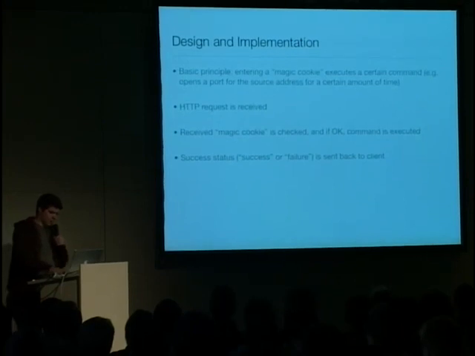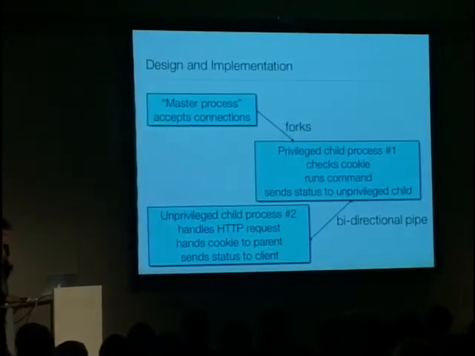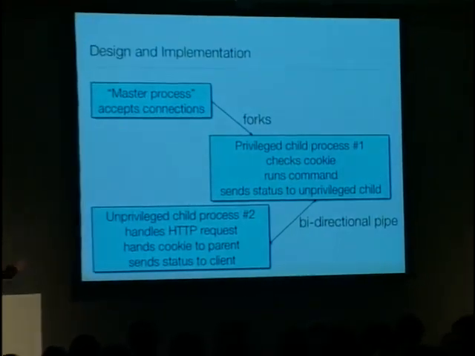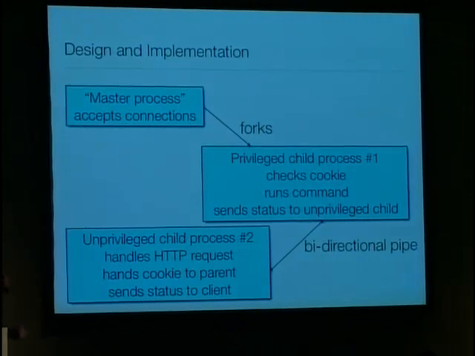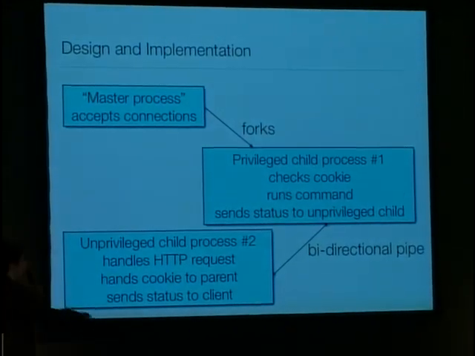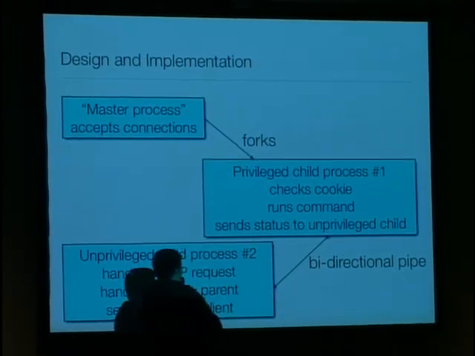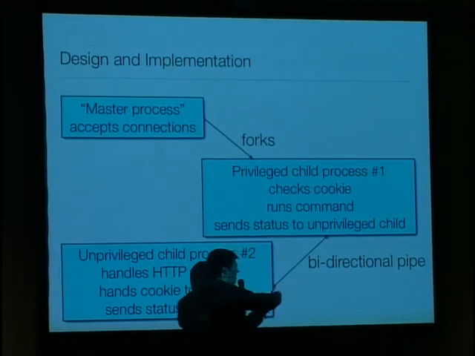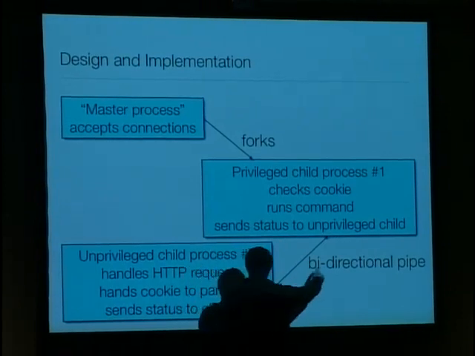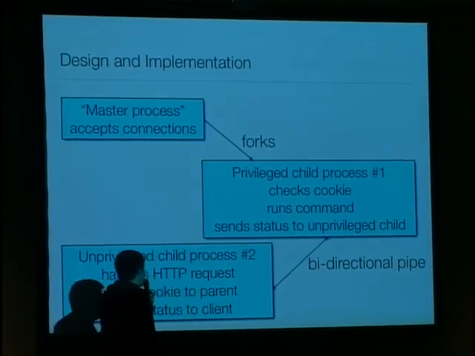So the naive and really simple approach we took was a master process that accepts the connection, it forks. Then you have a child process which again forks and is connected via a socket pair. No, actually I used 2 pipes, but it would be the same if you use a socket pair.